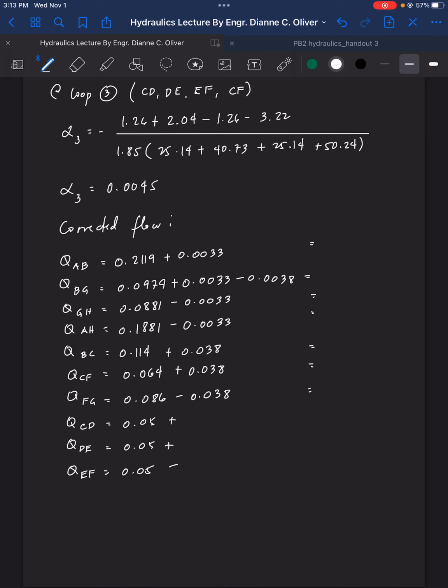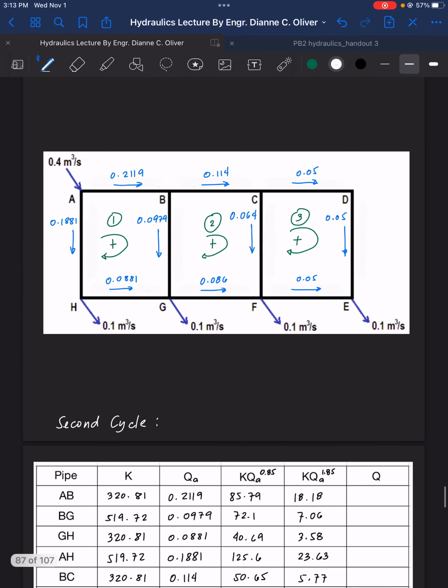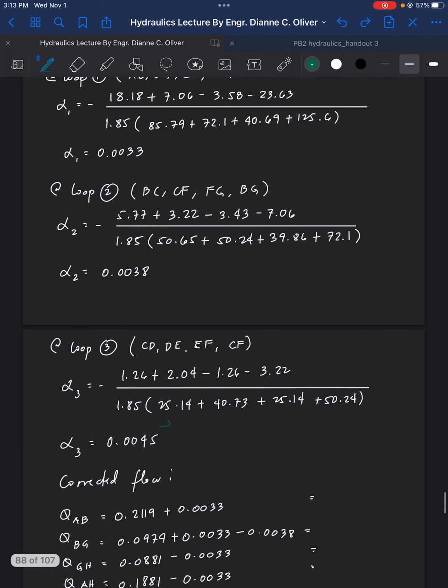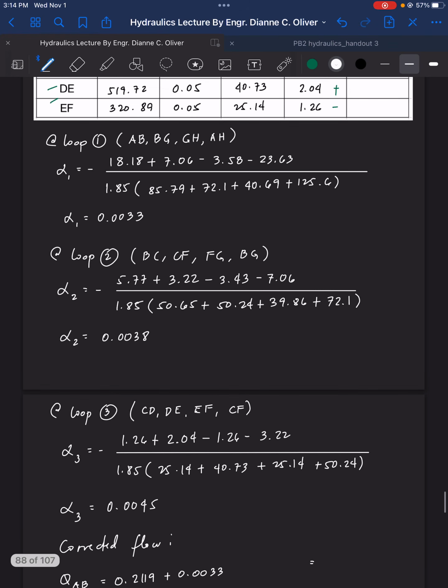So what else? We have CF. Let's not forget the CF also has 2 corrections, positive for loop 2 and negative for loop number 3. What's the correction for loop 3? 0.0045. So for CF, that is minus 0.0045.